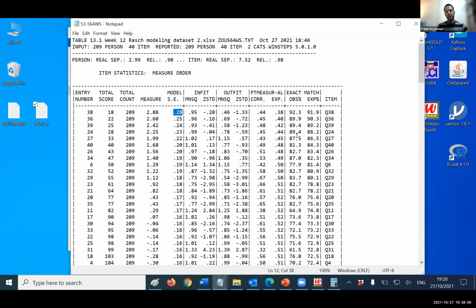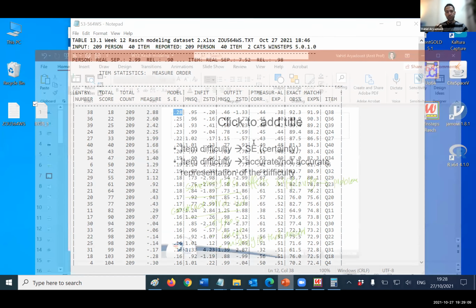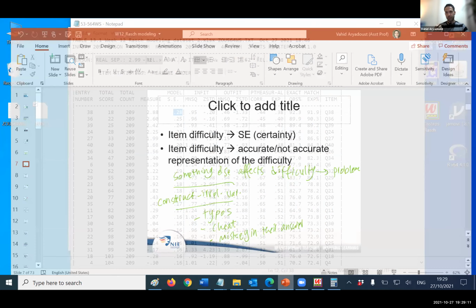Then Rasch can give you some ways of quantifying whether that difficulty measure is accurate or not accurate.